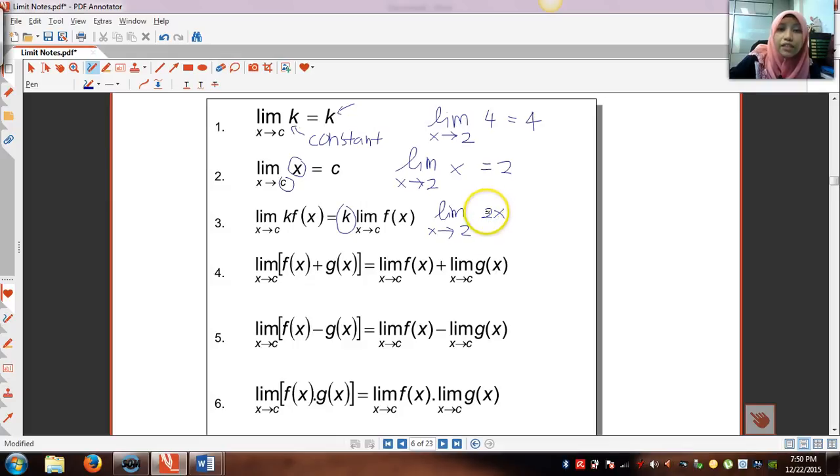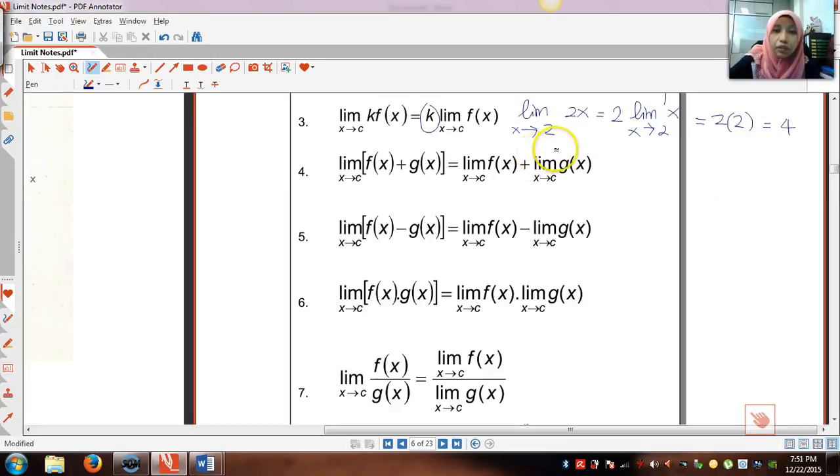We have 2x, where 2 is the constant and x is a function. We can automatically move 2 outside the limit. So 2 times the limit as x approaches 2 of x. We continue using the previous theorem, which gives 2. So 2 times 2 equals 4.